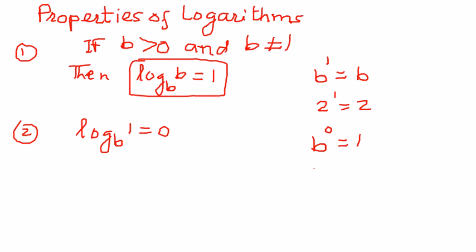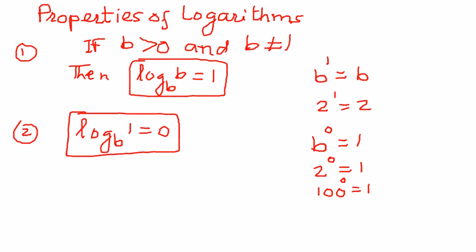For example, 2 to the power of 0 is equal to 1. 100 raised to the power of 0 is equal to 1, and therefore log 1 to the base b is equal to 0. So this is the second property. And in this case too, b should be greater than 0 and b should not be equal to 1. That is the condition.